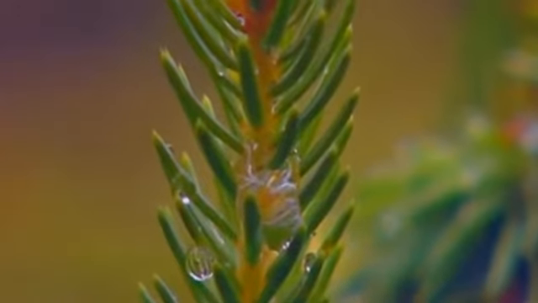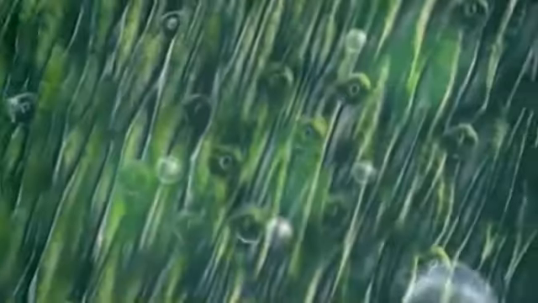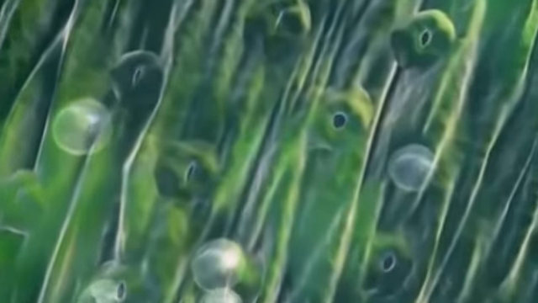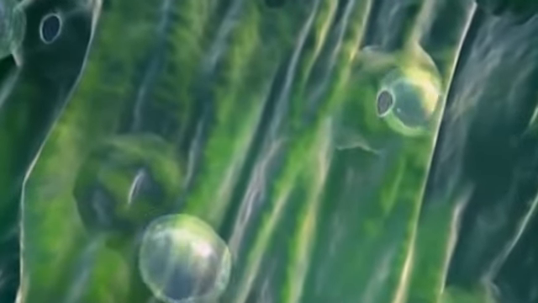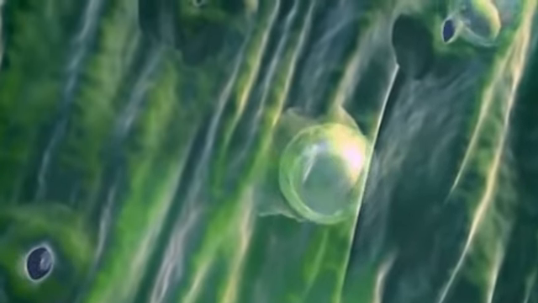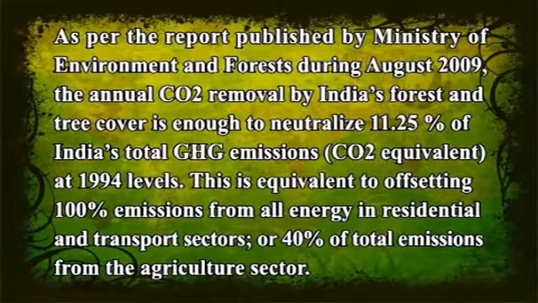Through the process of photosynthesis, forests renew the oxygen supply in the atmosphere by absorbing atmospheric carbon dioxide and moderating the greenhouse effect. As per the report published by the Ministry of Environment and Forests in August 2009, the annual carbon dioxide removal of India's forest and tree cover is enough to neutralize 11% of India's total greenhouse gas emission at 1994 levels.